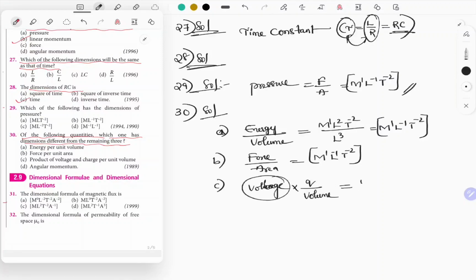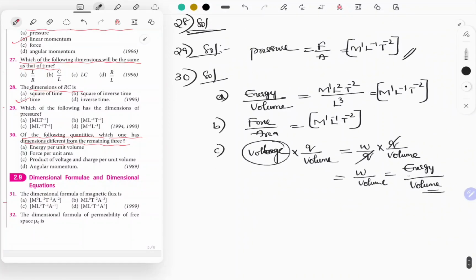Voltage can be replaced as work done by charge into charge by volume. With charge will get cancelled. It is going to be work done by volume. This is also can be replaced as energy by volume. So dimensional formula for voltage into charge by volume is the same as first option, which is equal to m power 1 L power minus 1 T power minus 2.